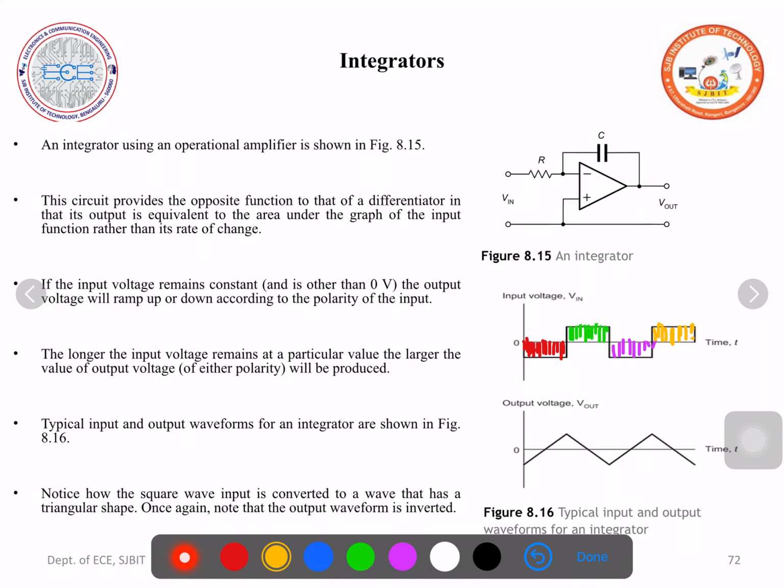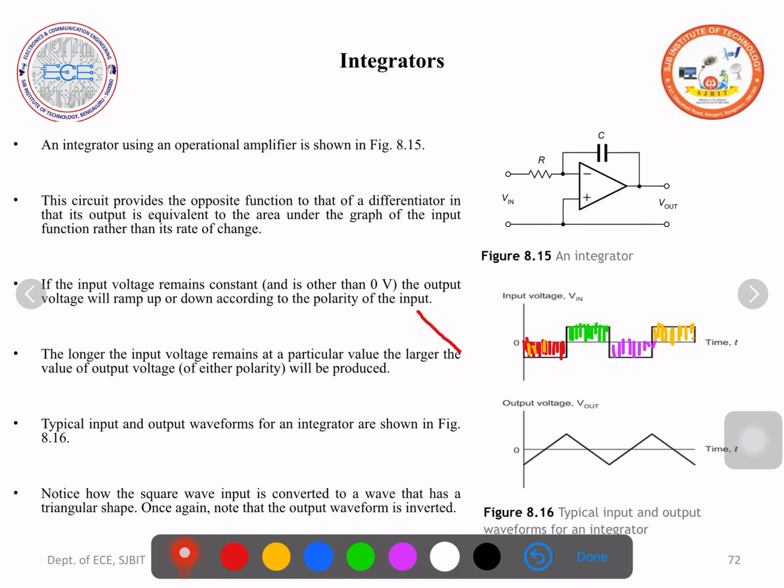So you should add the area under that curve. Here it is negative area, here it is negative area. If you add, you should get a negative going ramp.